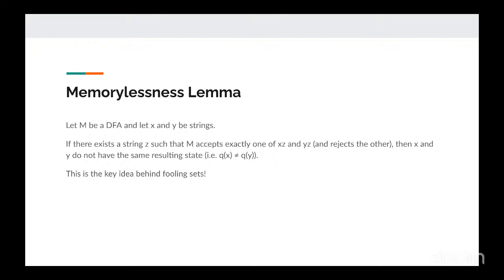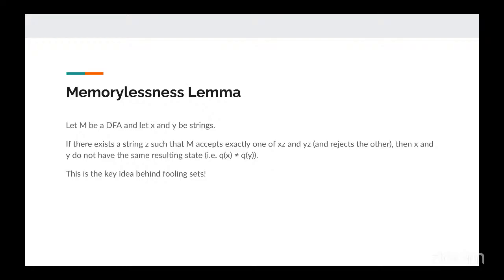If there is another string Z, which is our suffix, such that M accepts exactly one of XZ and YZ. So we're extending these two strings, X and Y, with this suffix Z, and our DFA M now accepts one, but doesn't accept the other, then we know that they don't have the same resulting state, okay? Those two strings in particular need two different states, okay? This is the key idea for fooling sets.